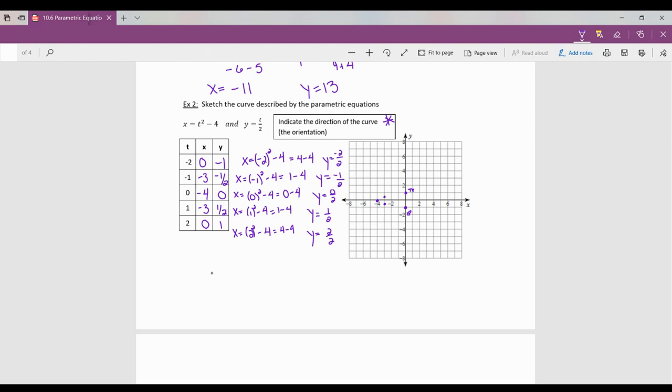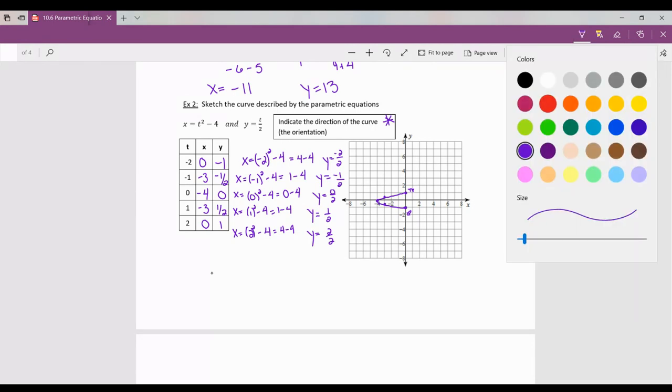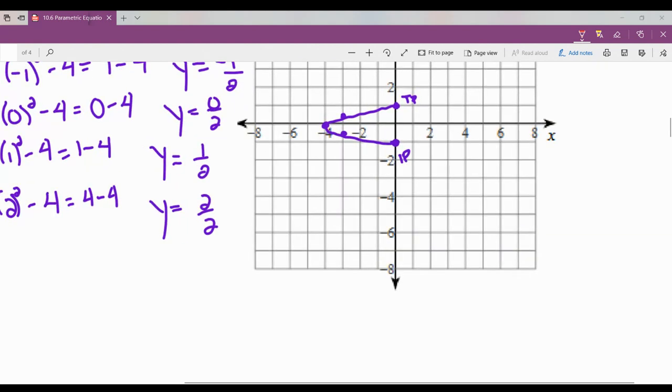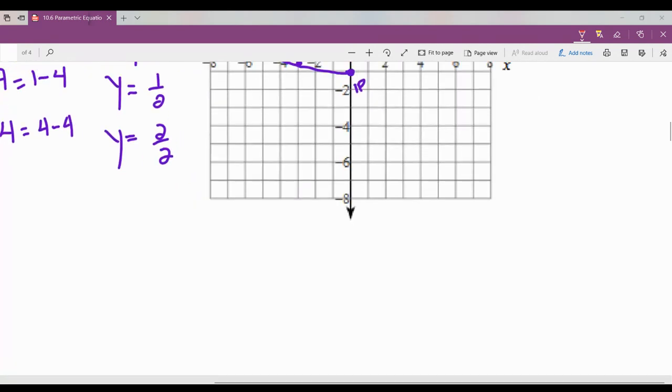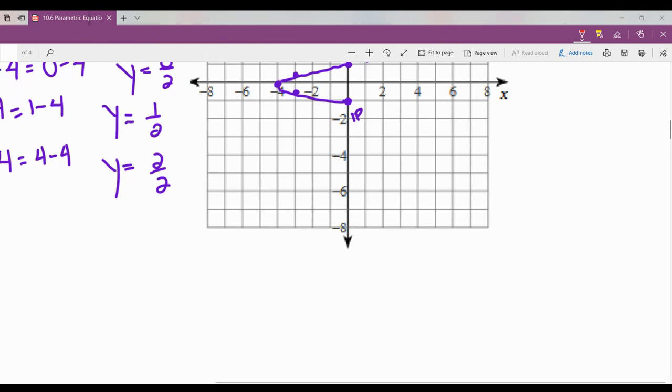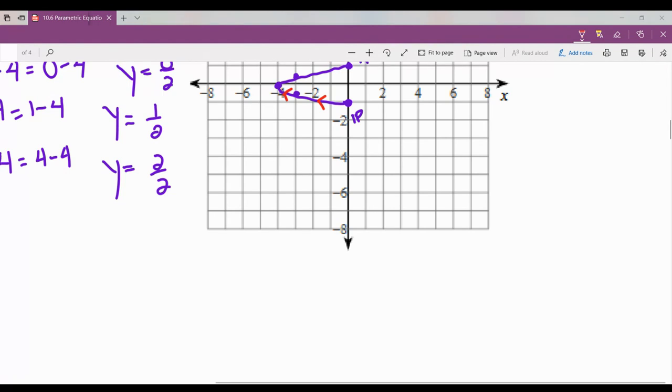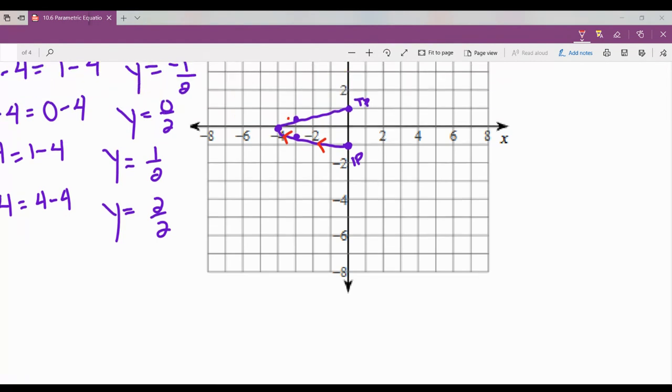Well, I start at my initial point and then I went like this, right? So in order to show, I'm going to just do them in a different color so you guys can really see how you would do it. I started with the initial point and then I went like this. Okay, I do little arrows just to indicate the direction.